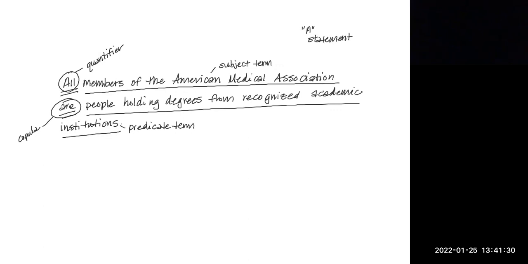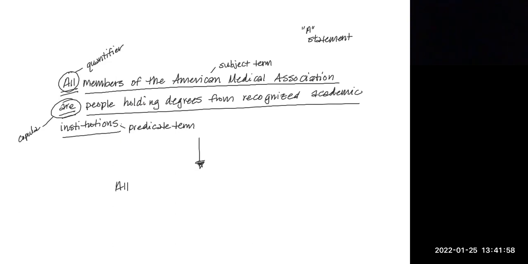And if we translated this into standard form, what we would get is all, and then you can use whatever term or letter you like. It's like a variable in mathematics. I would suggest, however, that best practice is not to use the actual letters S and P. Get into the practice of using a letter that will remind you of what the actual term is that it's referring to.